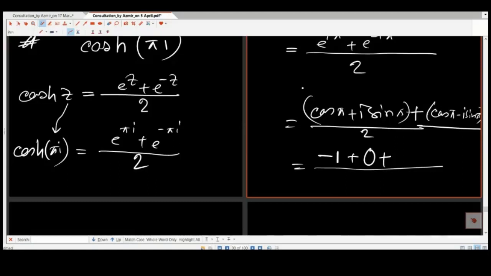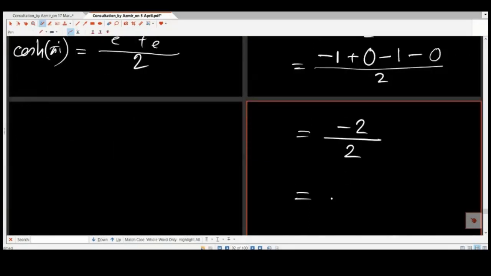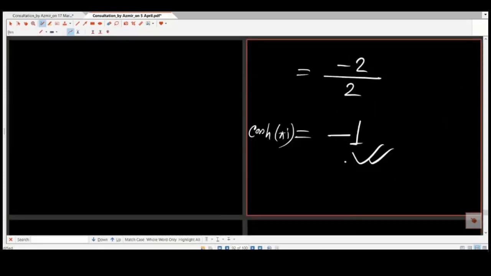Again, cosine 180 degrees is -1, sine 180 degrees is 0. So we have finally -2 over 2, that means we are getting -1. That means hyperbolic cosine of pi i equals -1. So this is a single valued function.